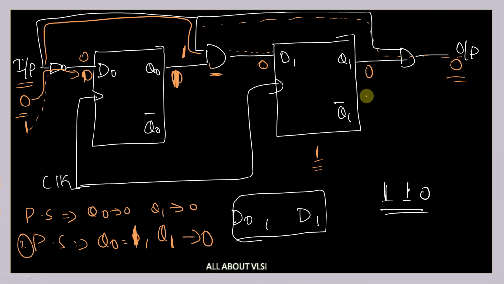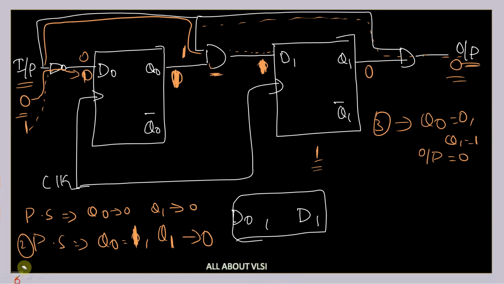So at the third edge of the clock, the second flip-flop input is 1 and the first flip-flop input is 0. So at the third edge of the clock, Q0 will be 0 and Q1 will be 1, and the output of this gate is still 0 because initially we had 0.